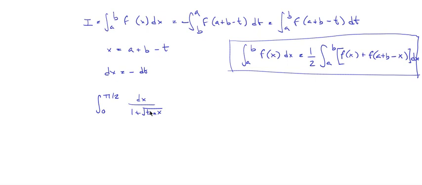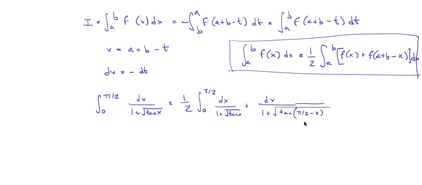And so let's use this formula, right? So this is 1/2 of the integral between 0 and pi over 2 of dx over 1 plus the square root of the tangent plus dx over 1 plus the square root of the tangent of pi over 2 minus x.